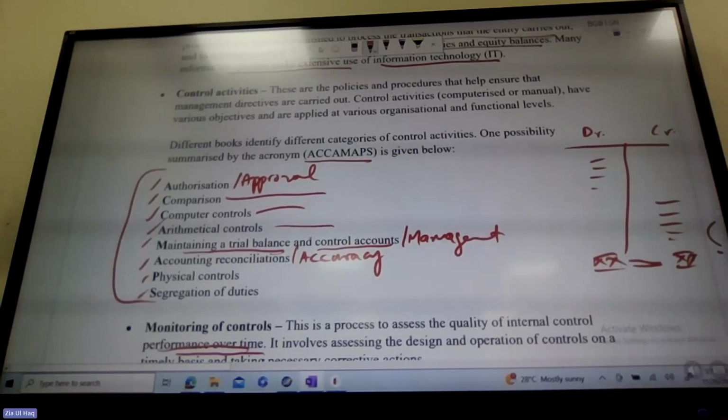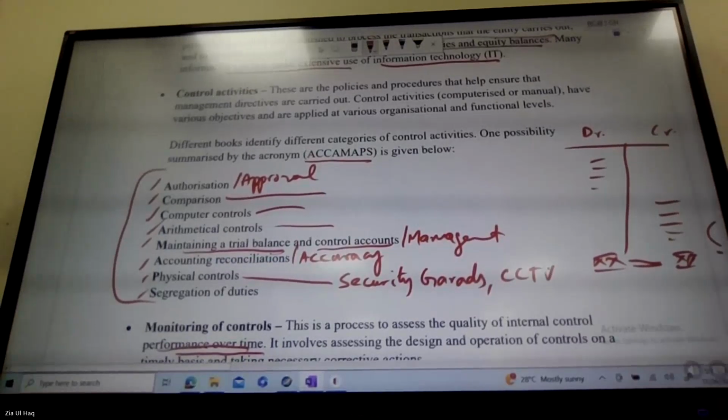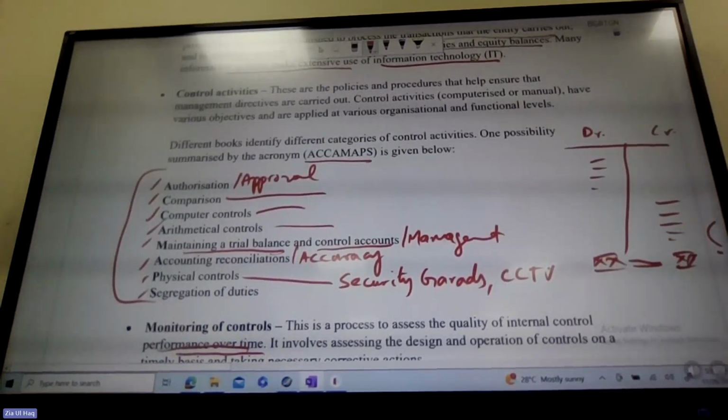Physical control means there should be some physical control over high value inventory and assets. Like there should be a security guard to avoid misuse of high value inventory and assets. There should be CCTV cameras so that if any person is misusing the asset or inventory or trying to steal it, that can be detected through CCTV cameras.